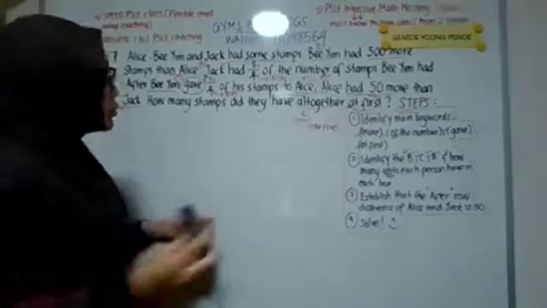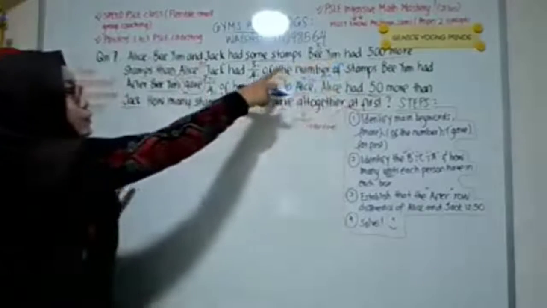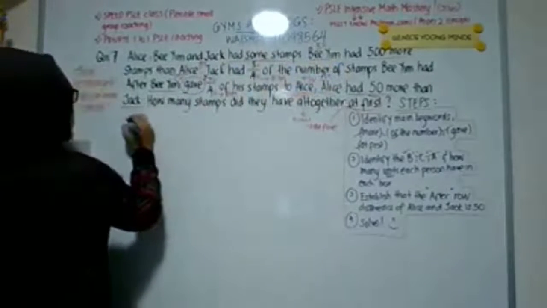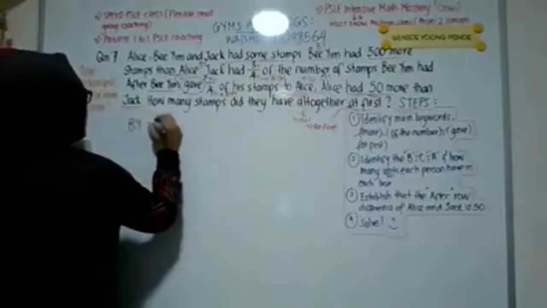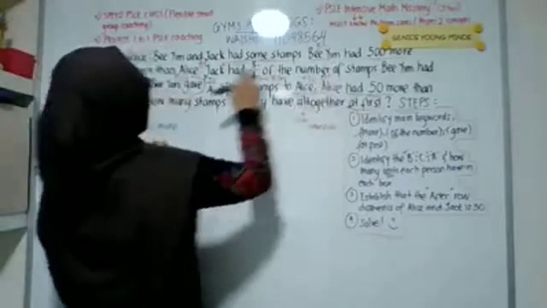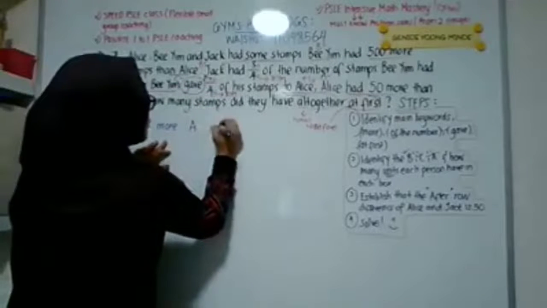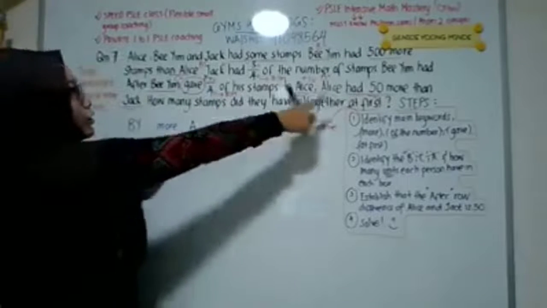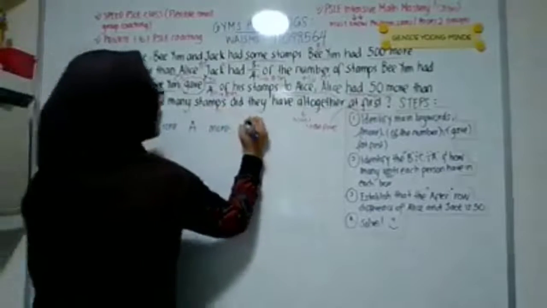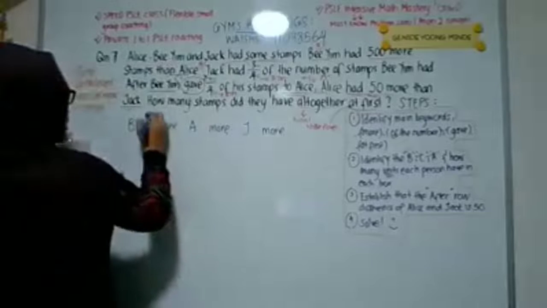Since it's comparison more, we're going to start with what I am given. We have Beam, then we have more, because I'm comparing between Alice, and I know Alice got compared with Jack later on. There's more. So I have Jack, and then I will put in the more later on for Jack.